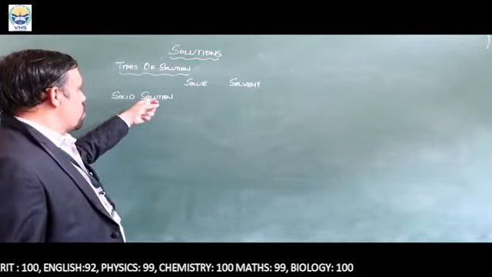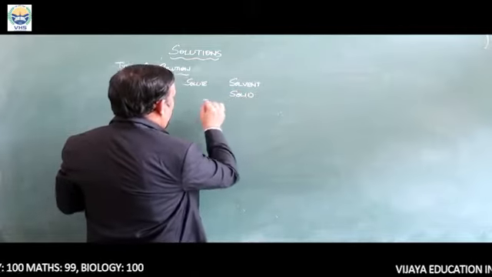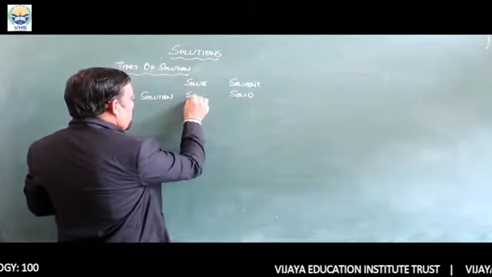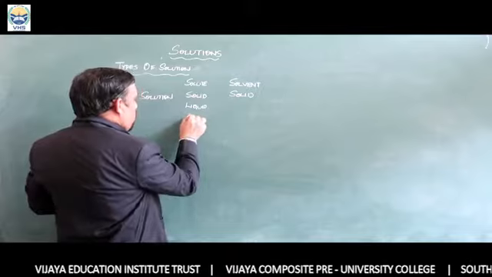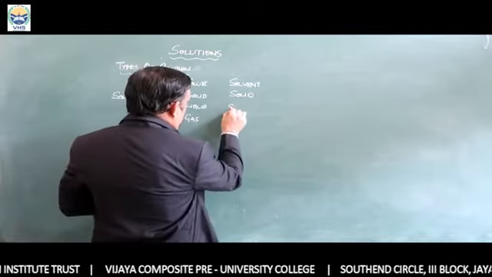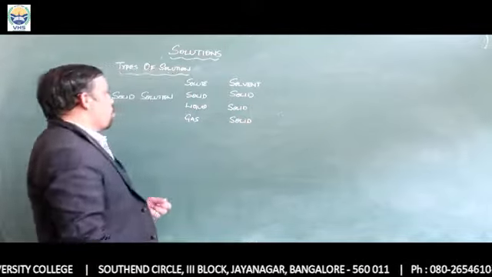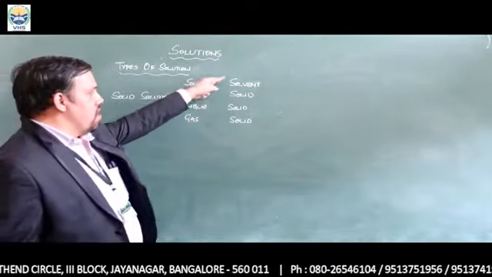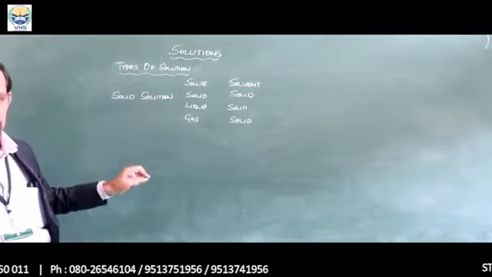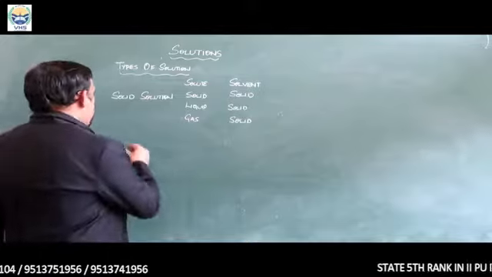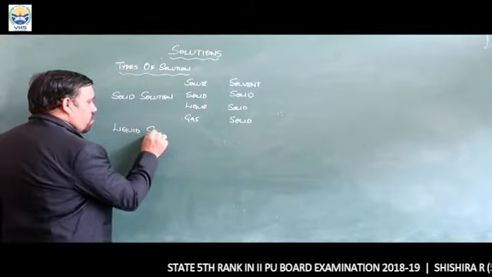Let me write: a solid solution is a solution in which the solvent will be solid. The solute can be solid, liquid, or gas. So in all these cases, the solvent will be solid. Similarly, what is meant by a liquid solution?